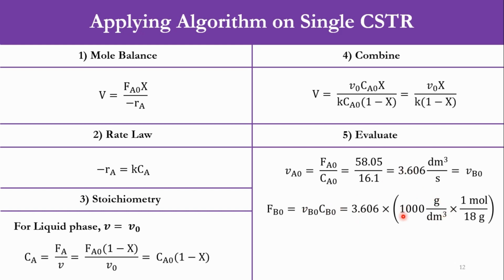For Cb naught, we know the density is 1000 gram per cubic decimeter, and 1 mole contains 18 grams. So gram cancels out with gram, and it will be mole per cubic decimeter. So we get Fb naught equal to 200 mole per second. You can see that it is in huge amount, and accordingly the change in concentration is neglected in the system.